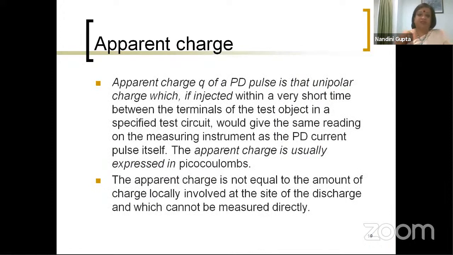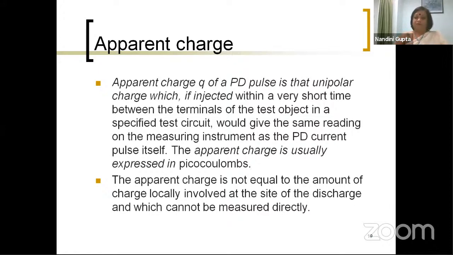Then what is this charge? We have a definition for this apparent charge. Apparent charge Q of a PD pulse is that unipolar charge which, if injected within a very short time between the terminals of the test object in a specified test circuit, would give the same reading on the measuring instrument as the PD current pulse itself.